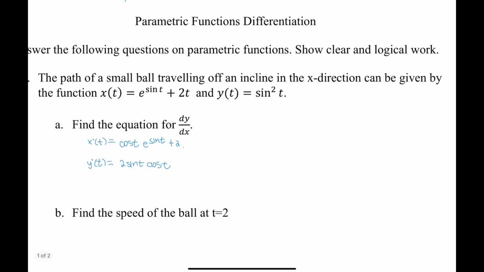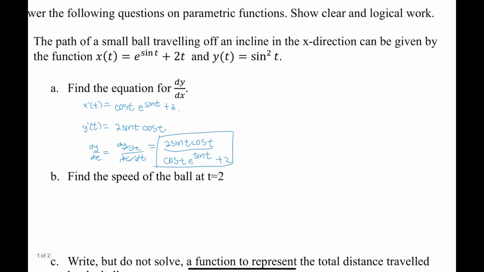And then dy over dx can be given by dy over dt over dx over dt. So dy over dx is going to be 2 sine t cosine t all over cosine t times e to the sine t plus 2.